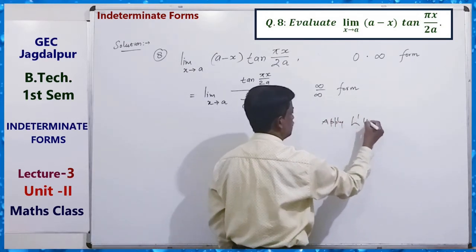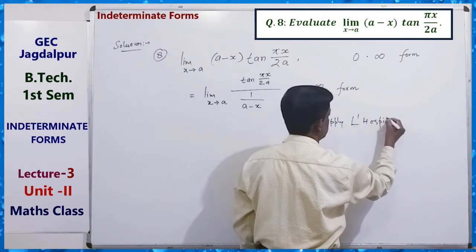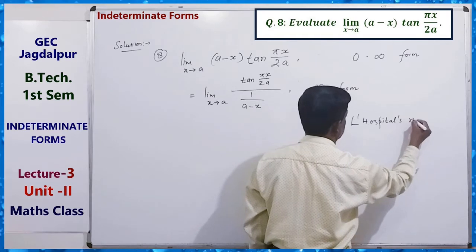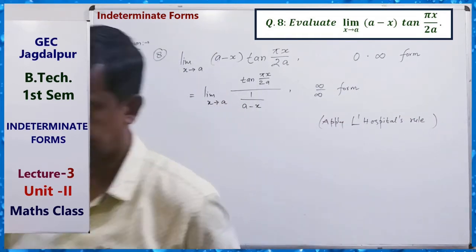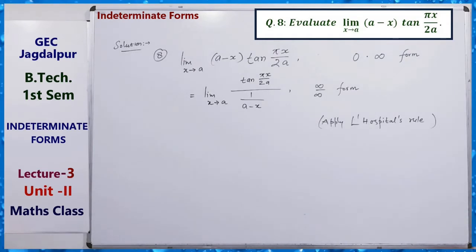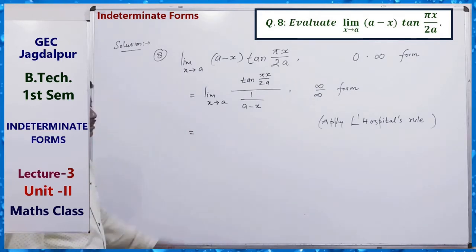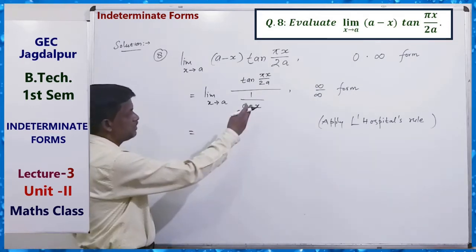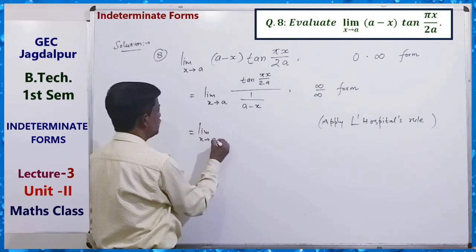Okay, apply what? L'Hospital rule. Just calculate this limit. What? Infinity by infinity form. So apply L'Hospital rule, x tending to what? a.